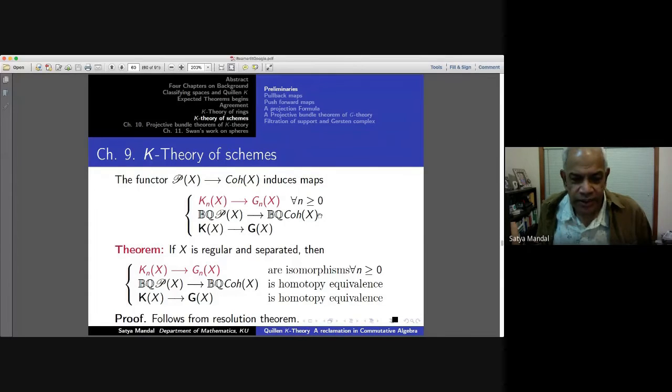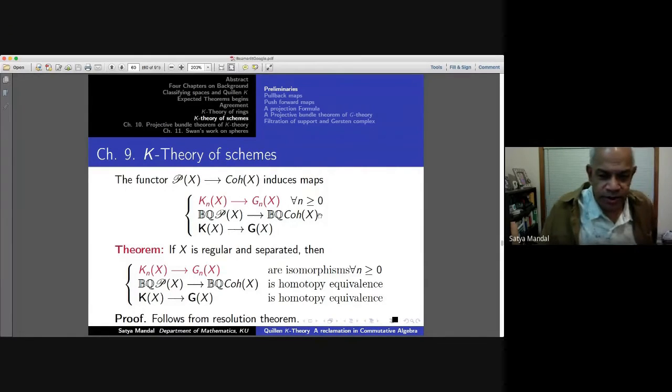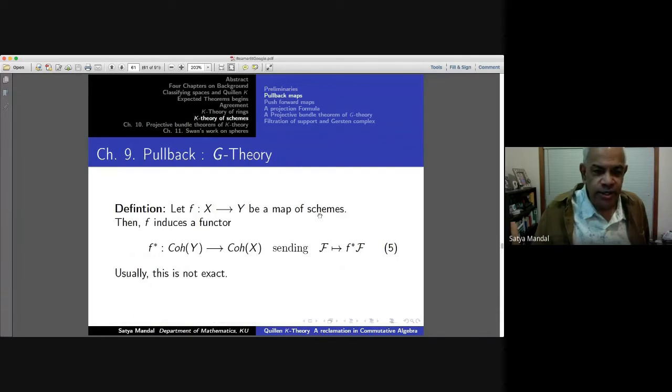This I stated more or less corresponding to the theorem for projective modules. Basically, every coherent sheaf, like modules, has a finite resolution, and that's why this works. It will be more or less the same proof.